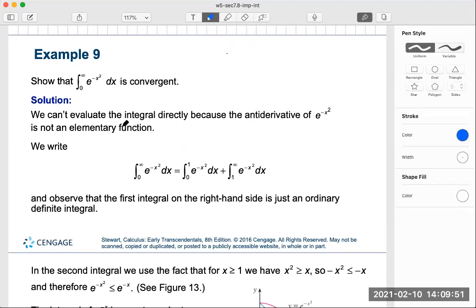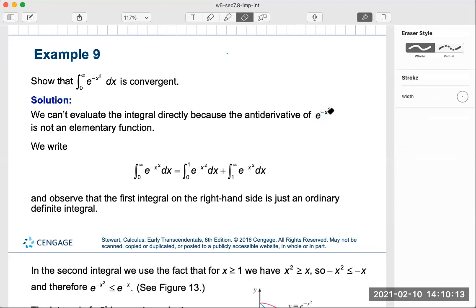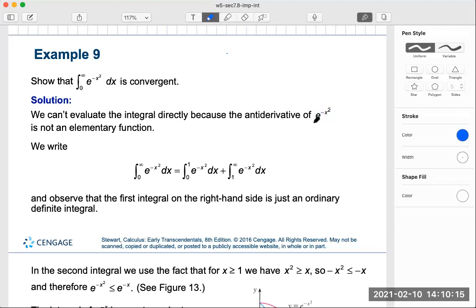So they explain that we cannot evaluate this integral directly by using the antiderivative of this function. Remember in the previous chapter, chapter 7.5, the elementary function, right? Is it an elementary function, this function?